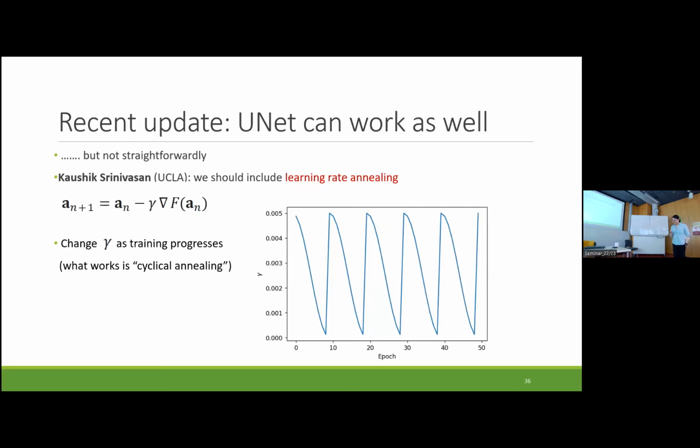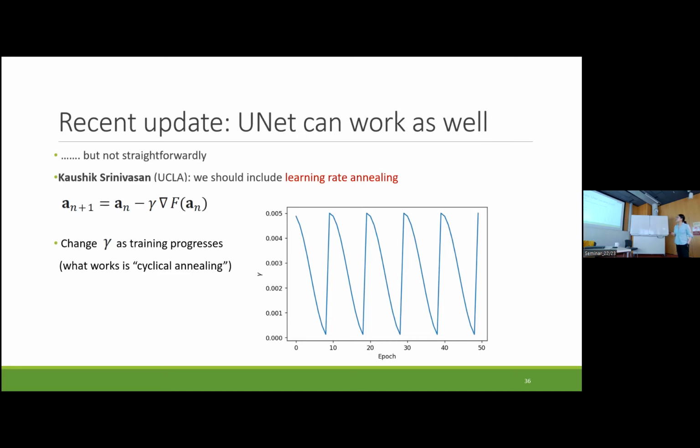However, we went back to this recently because we met some experts in machine learning and ocean turbulence at UCLA, Kaushik, and he says we should try to tune our training parameters in the UNet and include this thing called learning rate annealing.